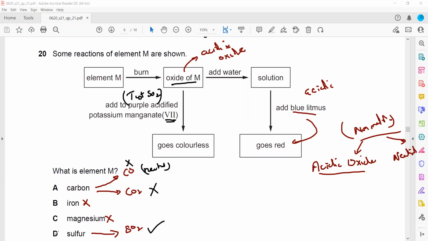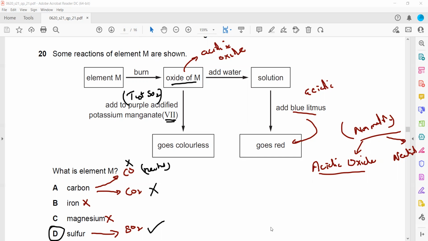So option D is the right answer: this oxide should be sulfur dioxide, not carbon dioxide. Because if it were carbon dioxide, it should turn lime water milky. The test for carbon dioxide is lime water turning milky. The test for sulfur dioxide is acidified potassium manganate turning from purple to colorless.